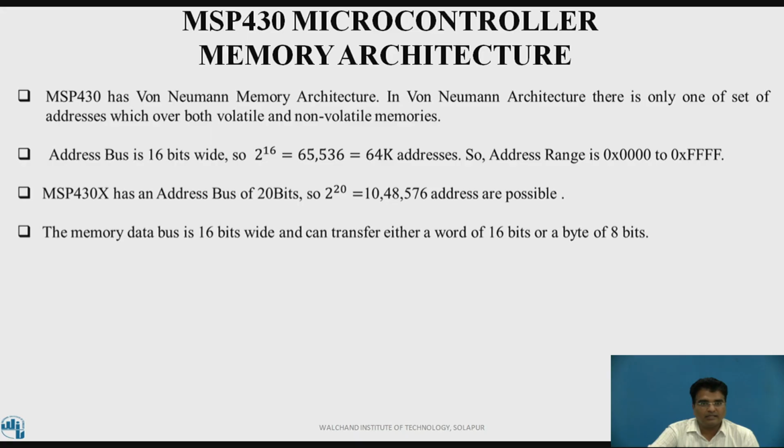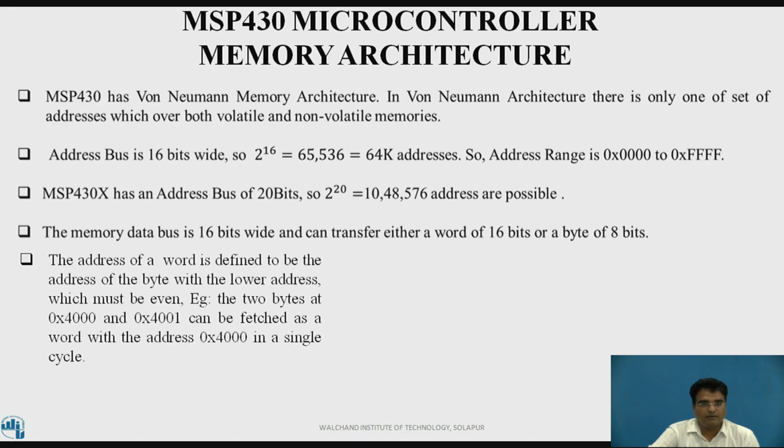MSP 430X has an address bus of 20 bits, so 2 raised to 20 equals 1,048,576 addresses are possible. The memory data bus is 16 bits wide and can transfer either a word of 16 bits or a byte of 8 bits. The address of a word is defined to be the address of the byte with the lower address, which must be even.